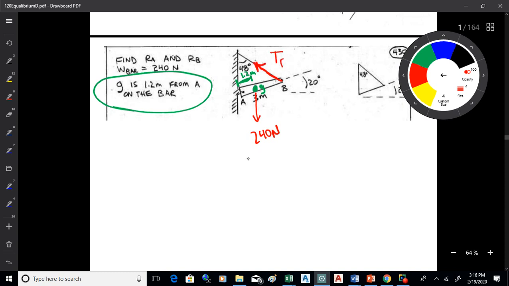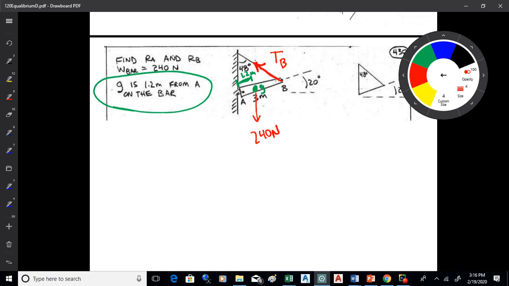You might call that the tension at B. For some reason they use T a lot with cables. You could call it RB, you could call it FB, whatever you want. And then we're going to have the force at the pin joint. So that's how you'd look at that.